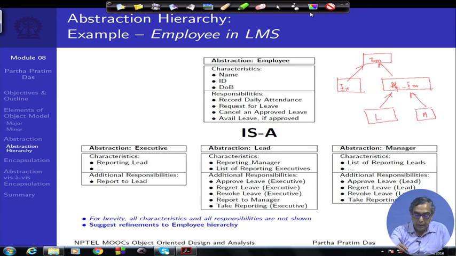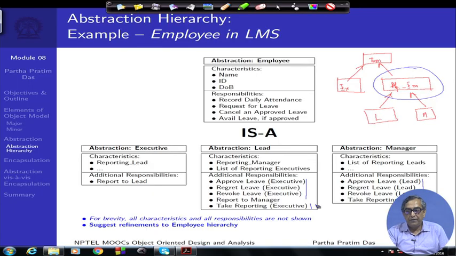So, what I do is introduce a new abstraction, approving employee, because I observe that if I take approve leave, reject leave, revoke leave, take reporting, these responsibilities, I find a commonality between the lead and the manager.